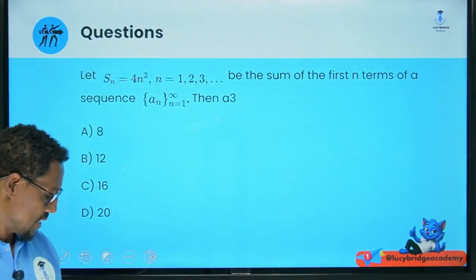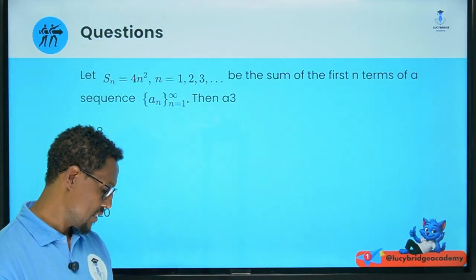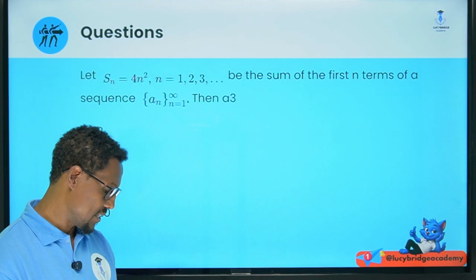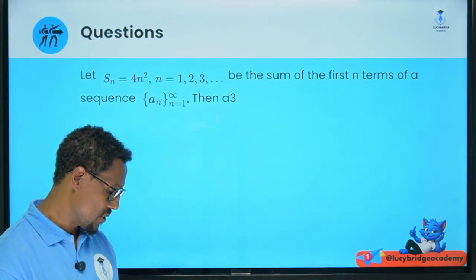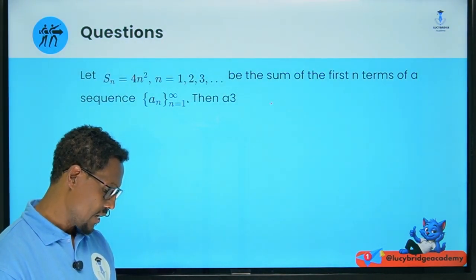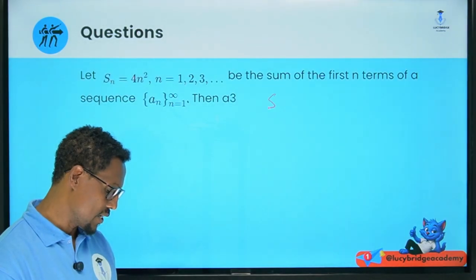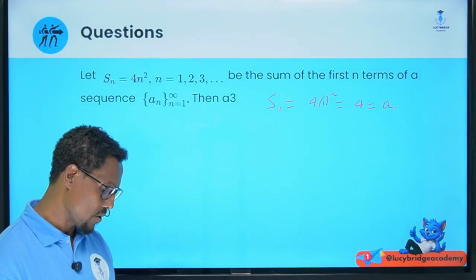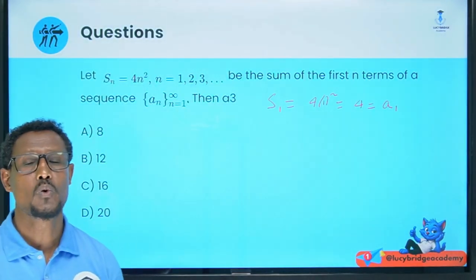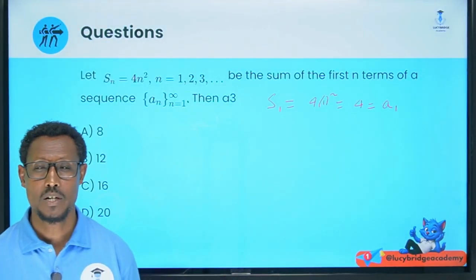Let me see the terms first. S1 is equal to 4 times 1 squared, which is equal to 4, which is equal to A1, the first term. The first term is always equal to the sum of the first term, right?